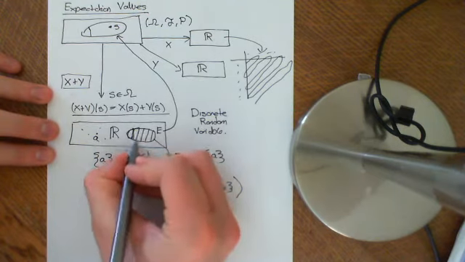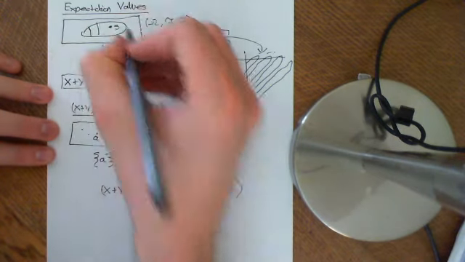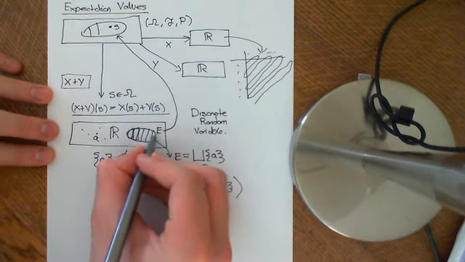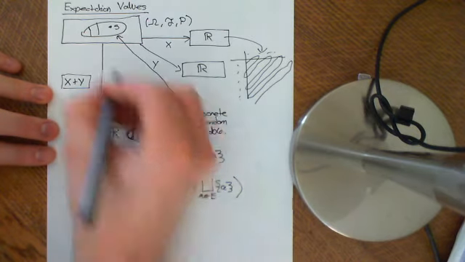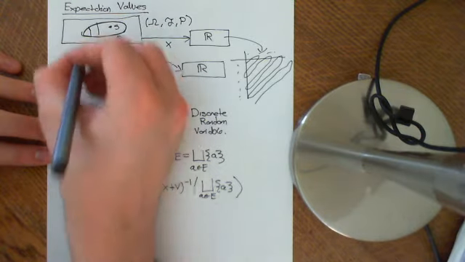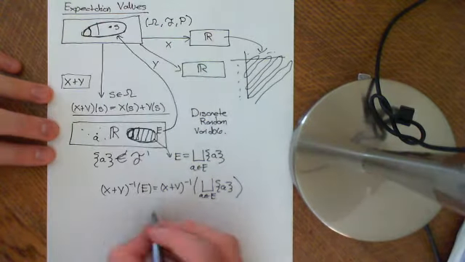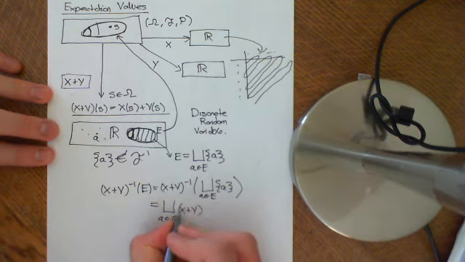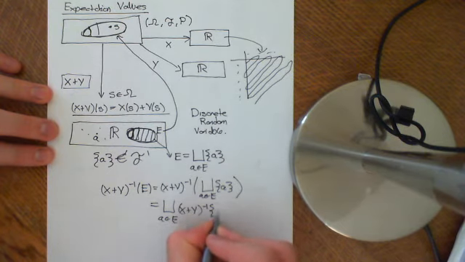If you take the inverse image of this one, you'll get a little bit over here. So it's the same as this. If you union them all together first and then take the inverse image of that, it's the same as taking the inverse image of each little bit and then unioning them all together. So it's equal to the union over A an element of E of (X+Y) inverse of A.